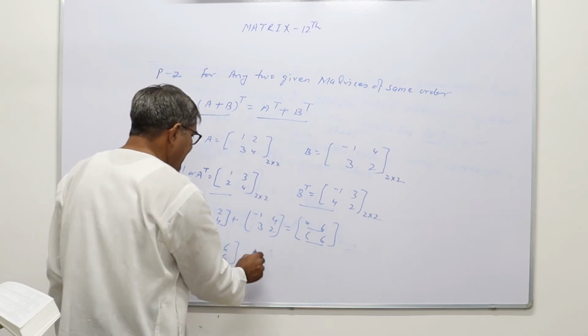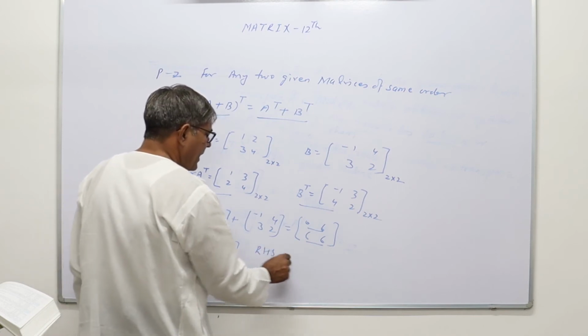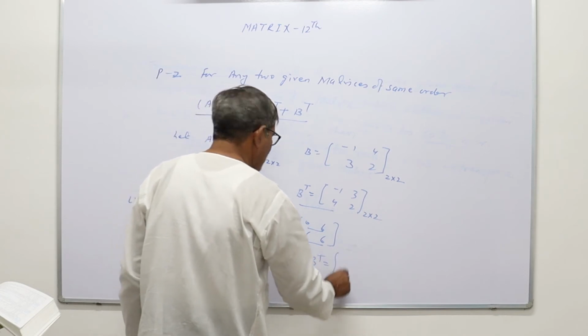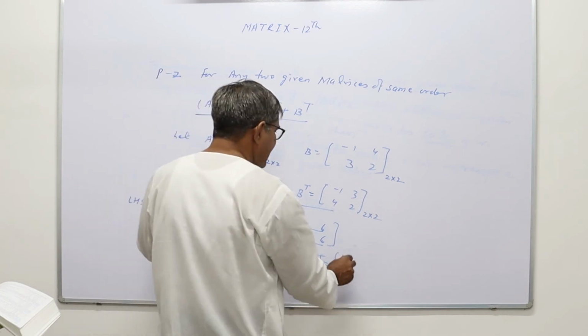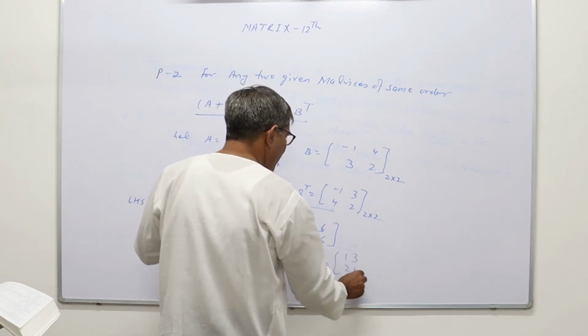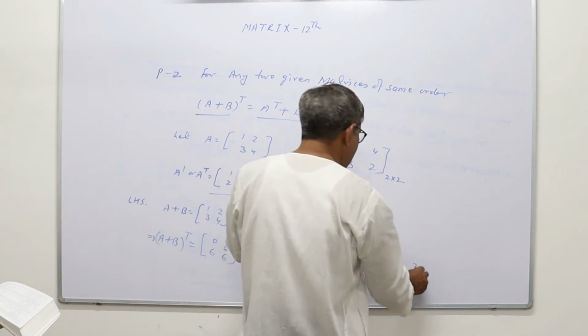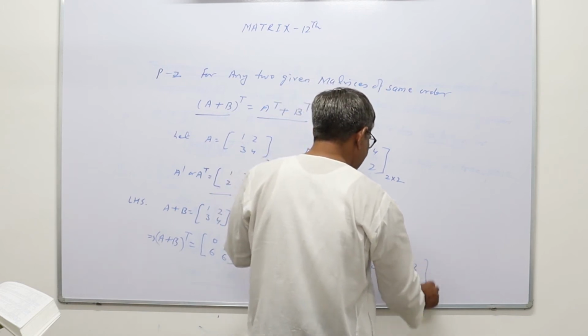Now the right hand side, A transpose plus B transpose. What is AT? AT is 1, 3, 2, 4. And what is BT? BT is minus 1, 3, 4, 2.